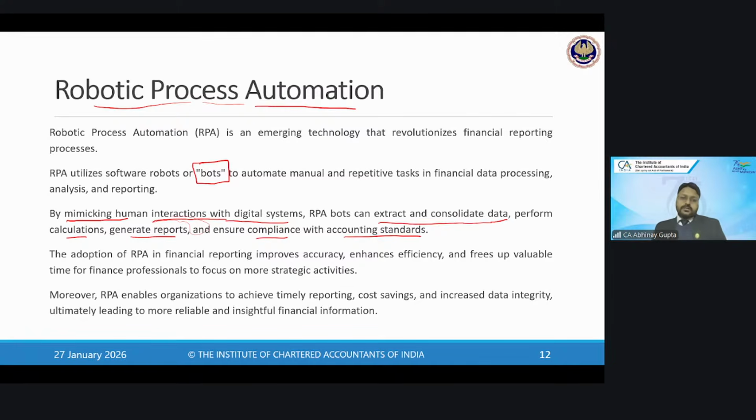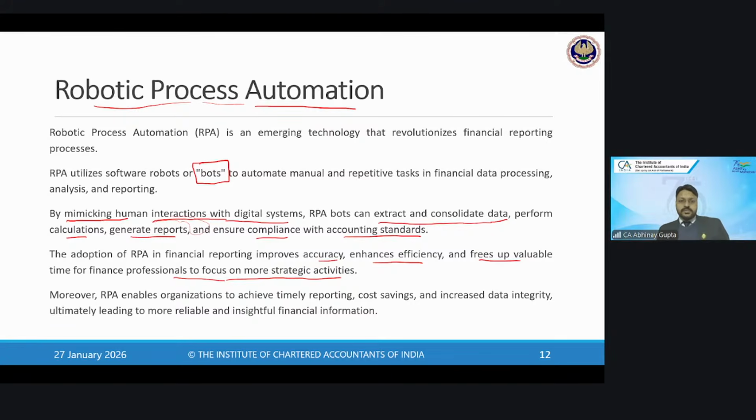The adoption of robotic process automation in financial reporting improves accuracy, enhances efficiency, and frees up valuable time for finance professionals to focus on more strategic activities rather than doing repetitive monotonous jobs on a daily basis, right?